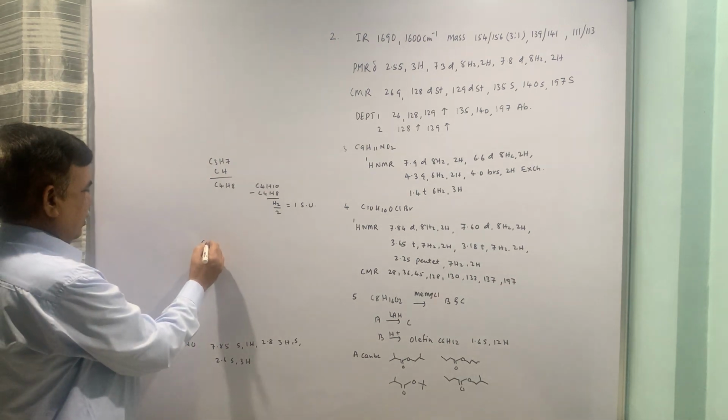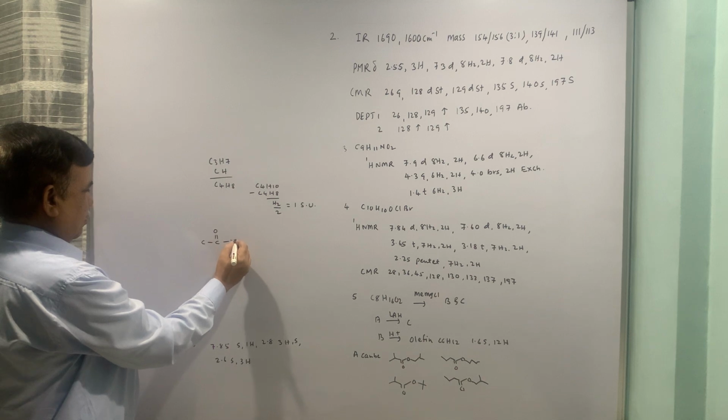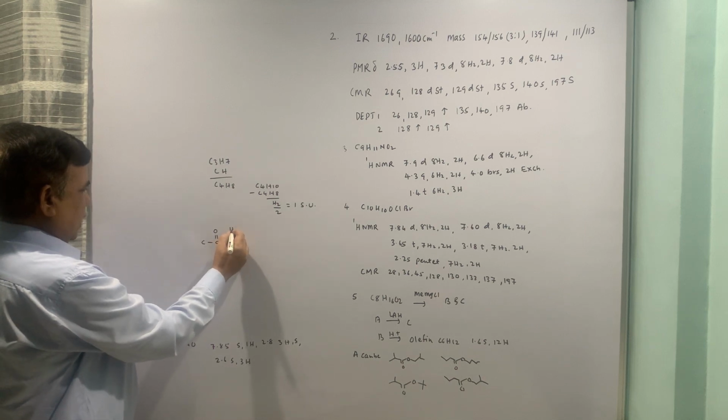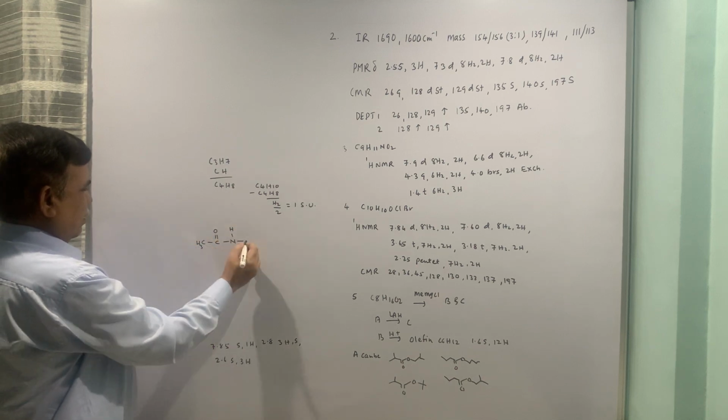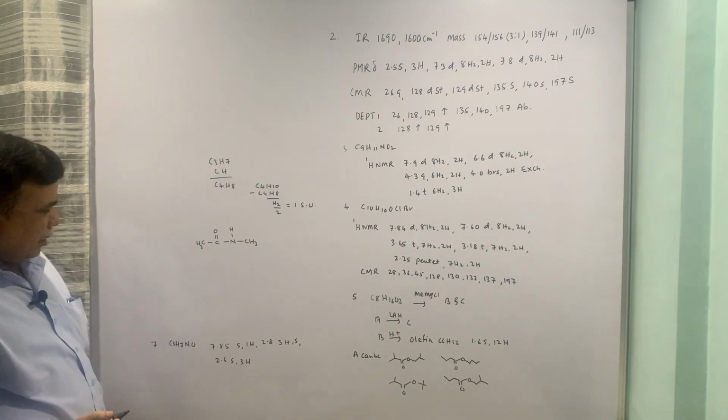So if I do it this way, NH we need to have. So with 3 carbon this structure is possible.